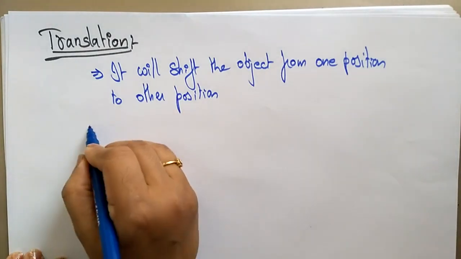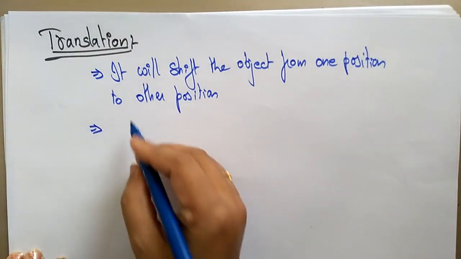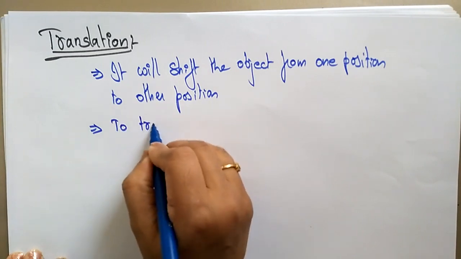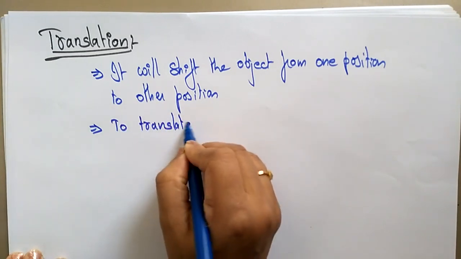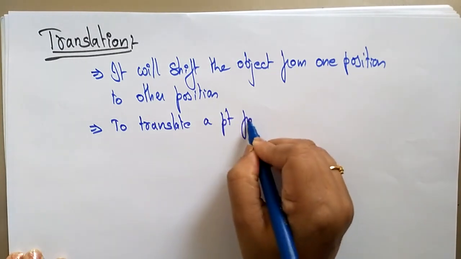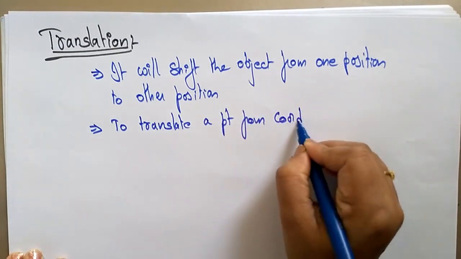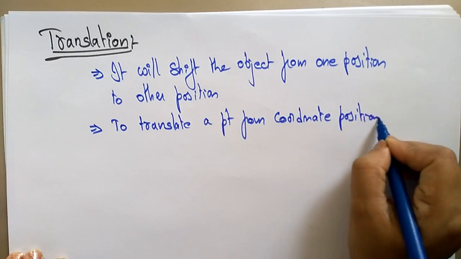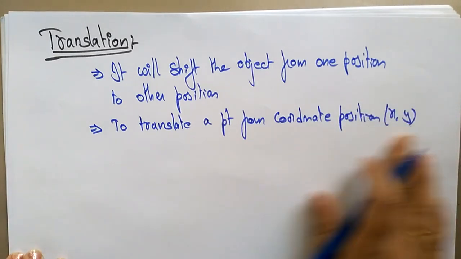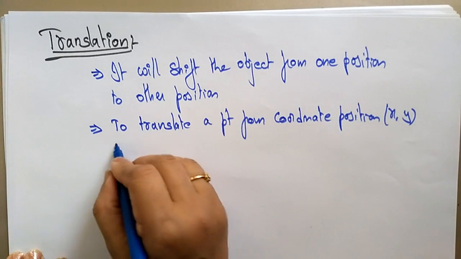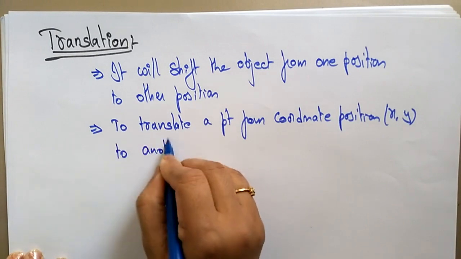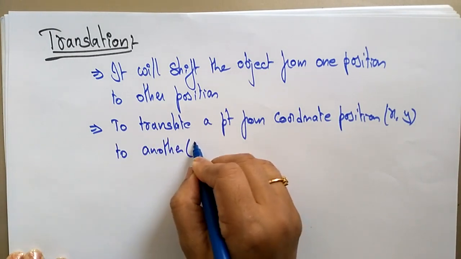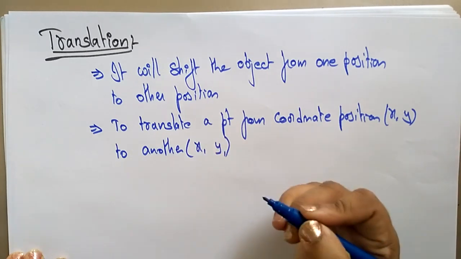So to translate a point from a coordinate position, let us take x and y, to another, that is, let's take x1, y1.